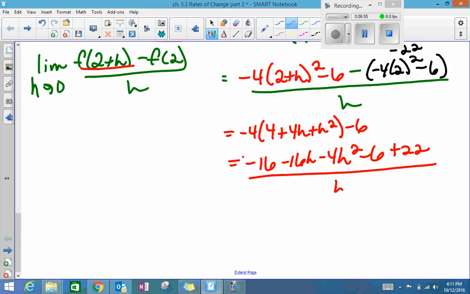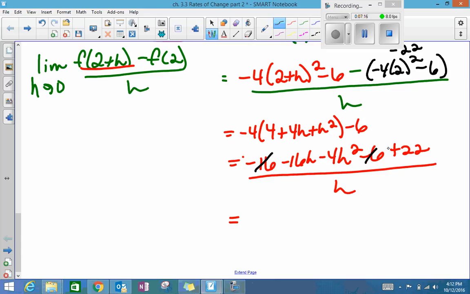All over h. So now, as we said in class, hopefully if we did our math right here, the constants cancel out, and we get negative 16 minus 6 plus 22. All of that adds to 0.